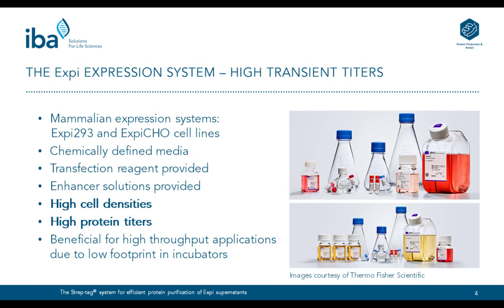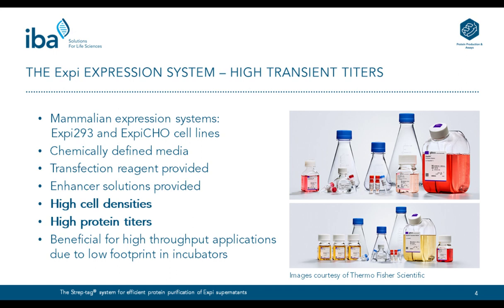So the Expi Expression System from Thermo is a mammalian expression system that is very well suited for this transient expressions. There are two systems available on the market, the Expi 293 system and the Expi CHO system. And both systems come with chemical defined media that allow the cells to grow up to very high cell densities and perfectly match transfection reagents, enhancer solutions, and feeding solutions.